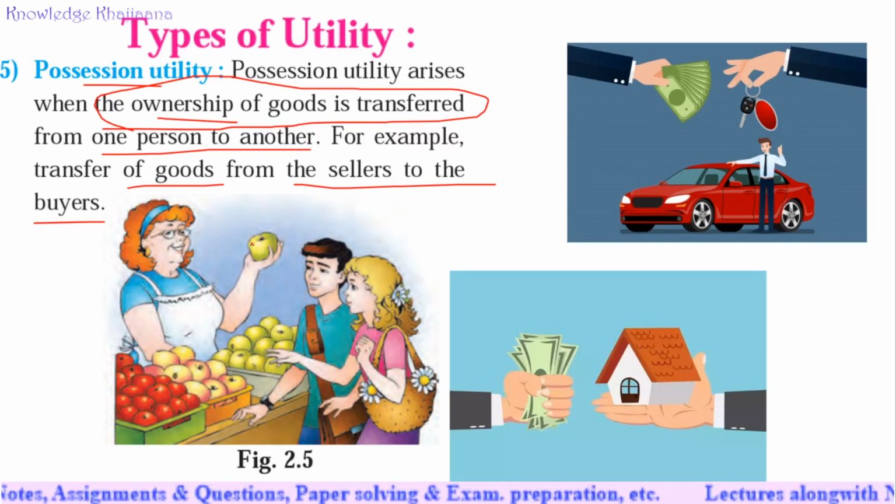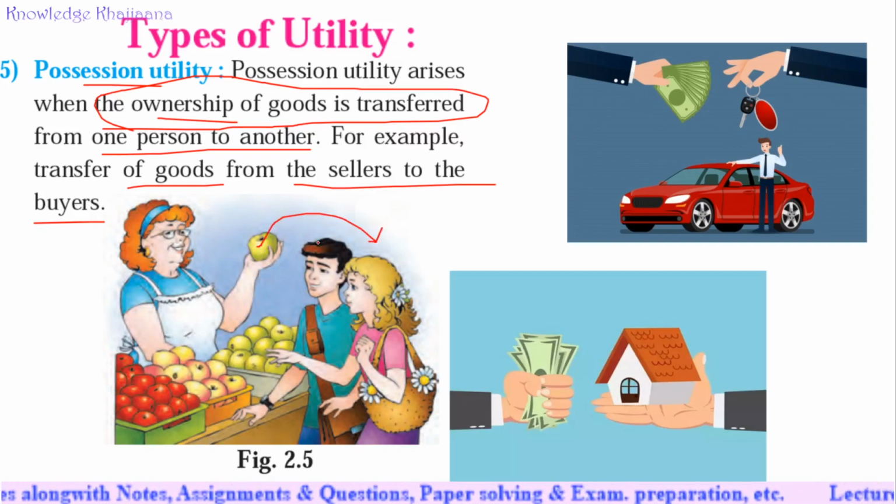When the possession of this fruit goes from the seller to the buyer, then only the buyer will get the utility of this fruit. For example, when you buy a car from the car dealer, the car dealer gives you the key.